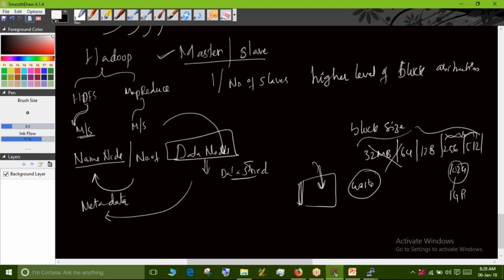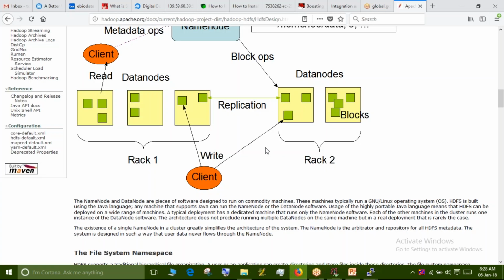Normally we plan to set up a cluster with 5 to 10 nodes at the beginning, and eventually over a period of time your cluster starts growing by adding more nodes, so that you can address your new storage needs. So please go through the concepts of HDFS now.